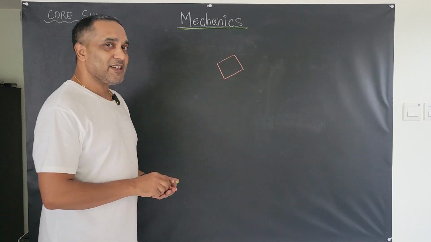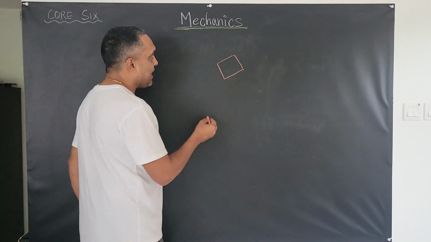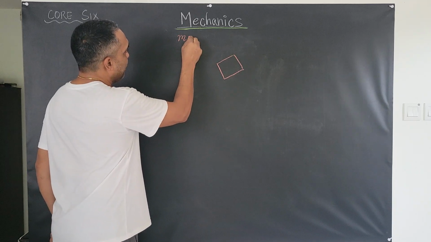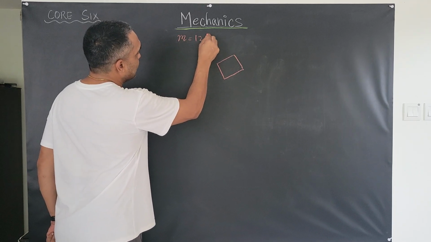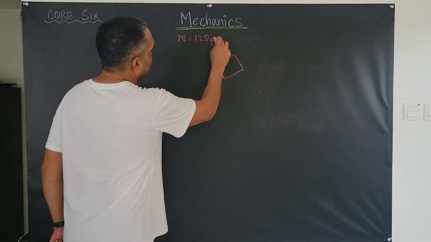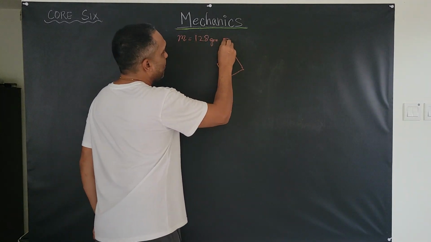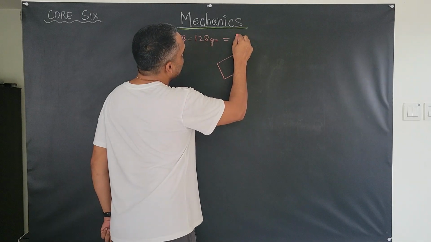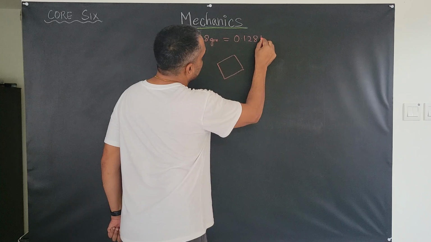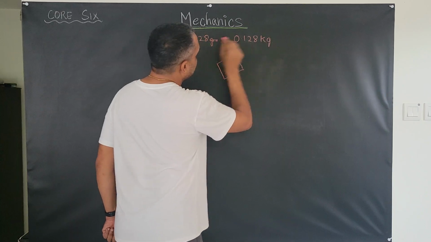Now let's take a look at what's going on with this box. It's got a mass, right? M is equal to 128 grams, and because we want to use standard units, it's 0.128 kilograms, okay? We know that.